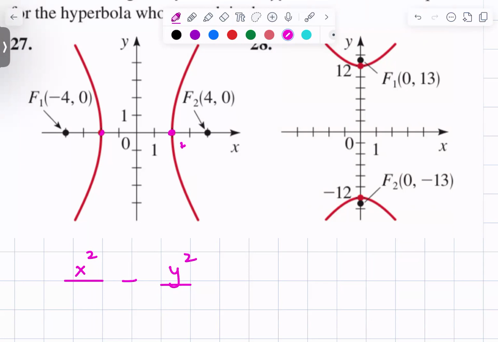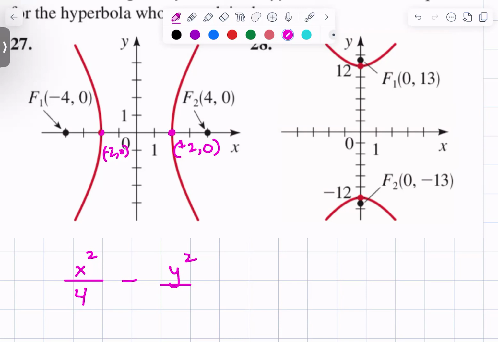That's at plus 2 comma 0 and negative 2 comma 0. So my a value, or the number that's below my x squared, is going to be 2 squared, which is 4, right?